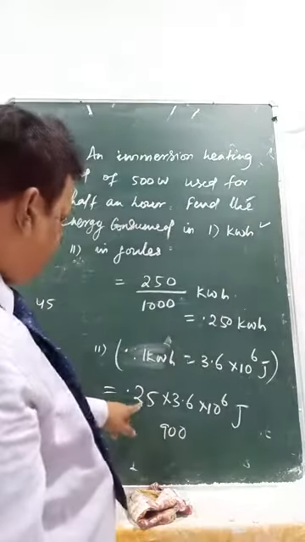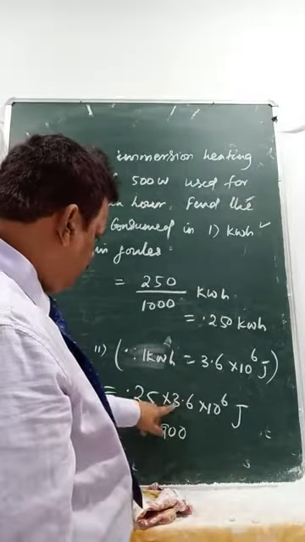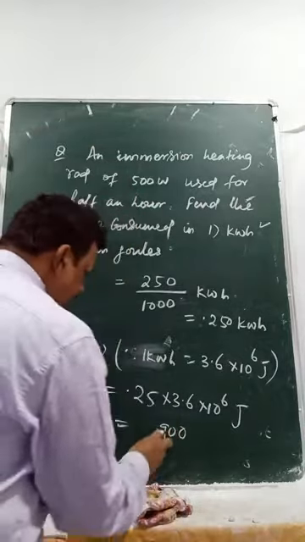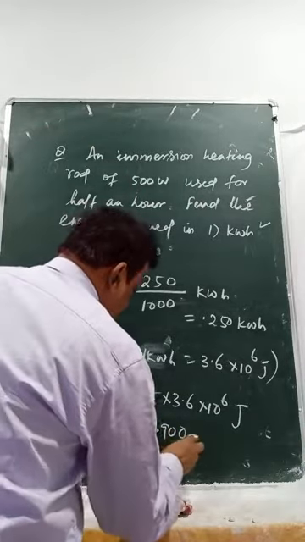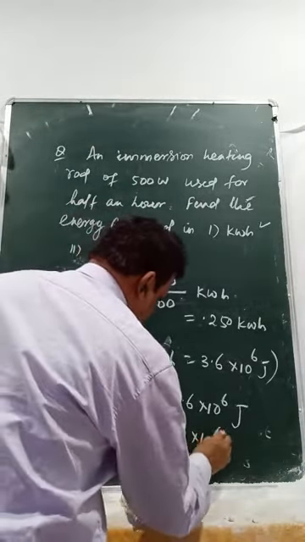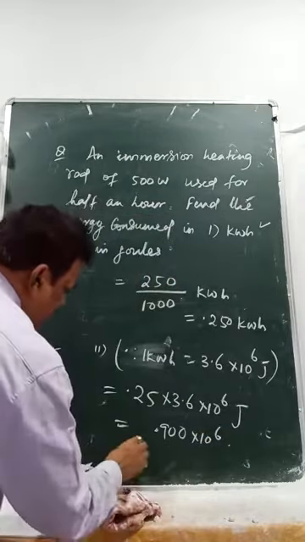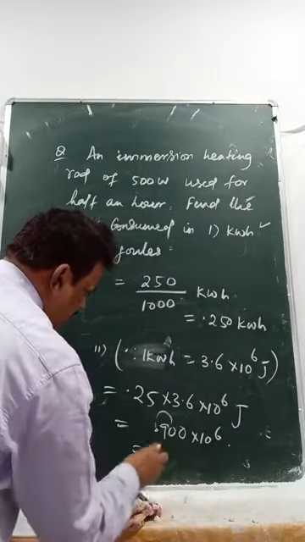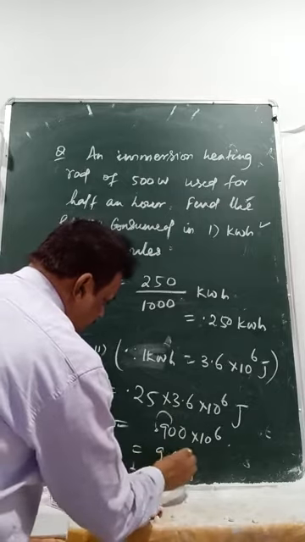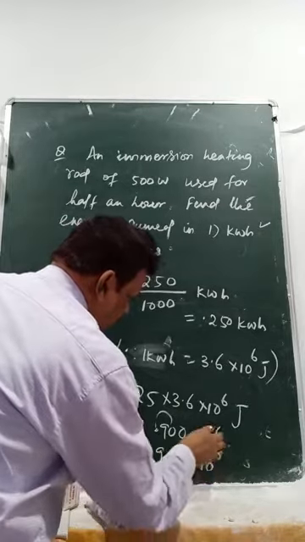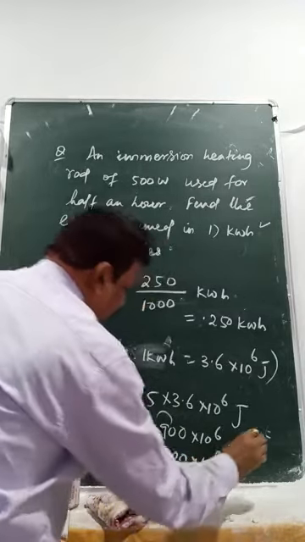After decimal 3 digits, 0.900 into 10 to the power 6. When you write in scientific notation, the decimal has to come to one place. 9.00, one power will be reduced, 10 to the power 5 joule.